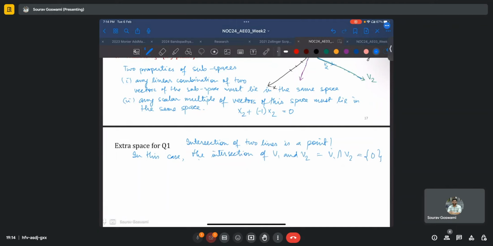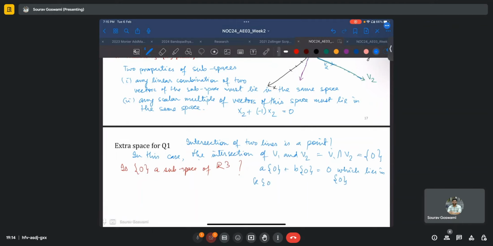Is the origin itself a subspace of R3? So let us check. Is the origin or the zero vector a subspace of R3? So 0 plus 0 is 0, which lies in 0.